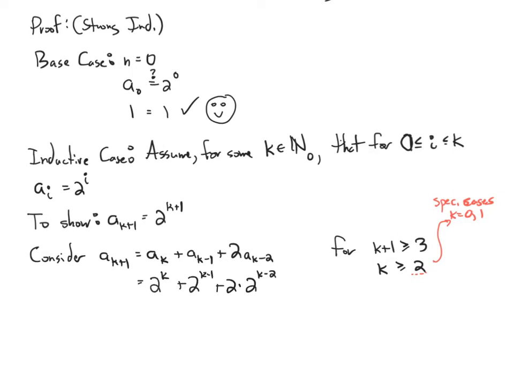Because remember, that's what we're assuming, that a_i equals 2 to the i for all values of i between 0 and k. Okay, let's clean this up a little bit. So 2 times 2 to the k minus 2, well, we can think of this as 2 to the 1 times 2 to the k minus 2. So this is the same as 2 to the k plus 2 to the k minus 1 plus 2 to the 1 plus k minus 2, which is k minus 1.